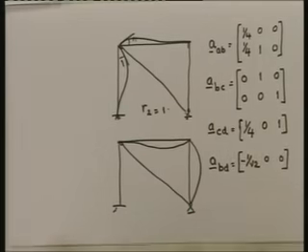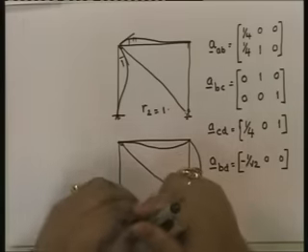Okay, so you see essentially the overall concept, whether you have an axial member or a flexural member or a member which has both flexure and axial, all that happens is that you have to consider both the effects together.